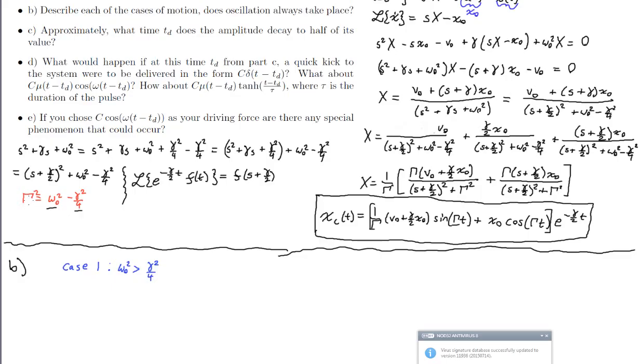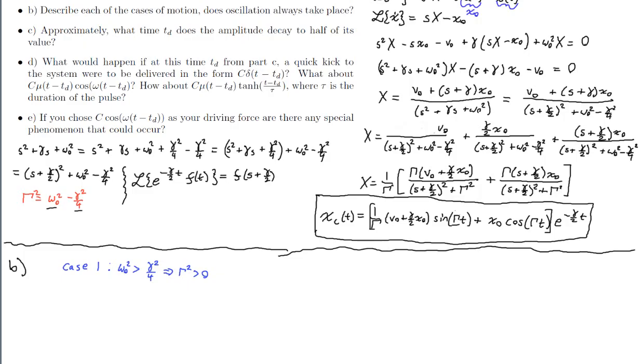So this is the case when big gamma is positive, so it implies that big gamma squared is positive. So basically what that means is our complementary solution is going to oscillate, because we have a frequency that is positive.